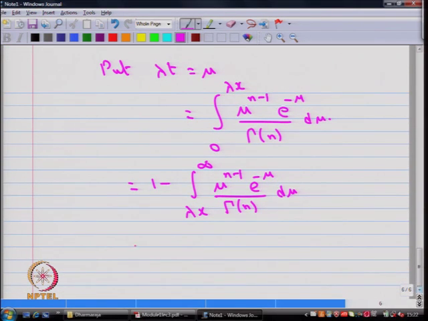That is the same as 1 minus the integration from lambda x to infinity of mu power n minus 1 e power minus mu divided by gamma of n d mu. That is the same as 1 minus, since n is a positive integer, gamma of n is n minus 1 factorial, so you can take it outside.